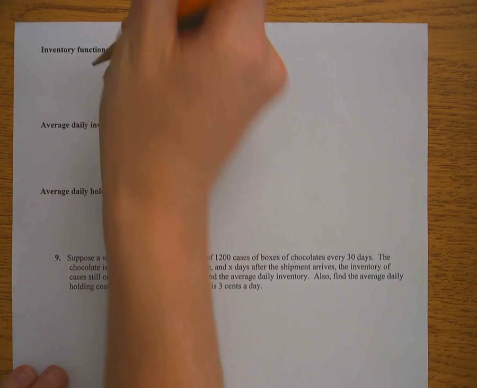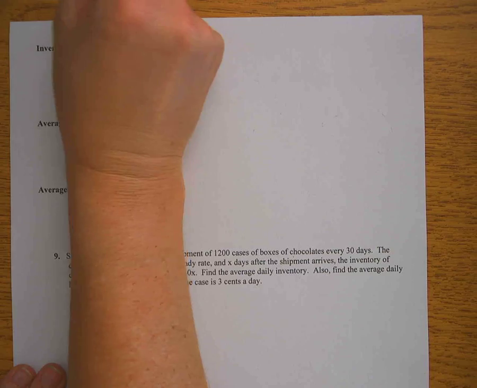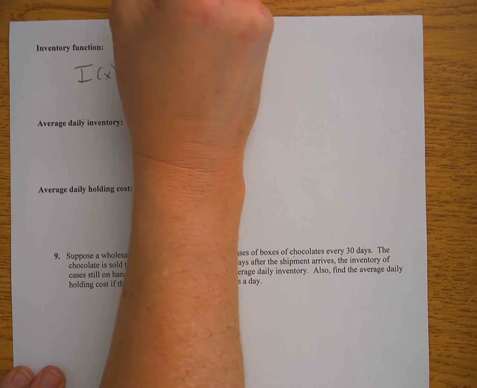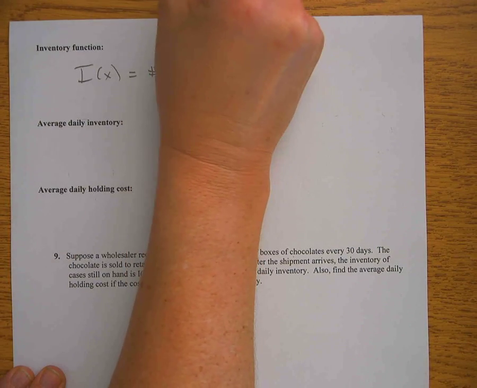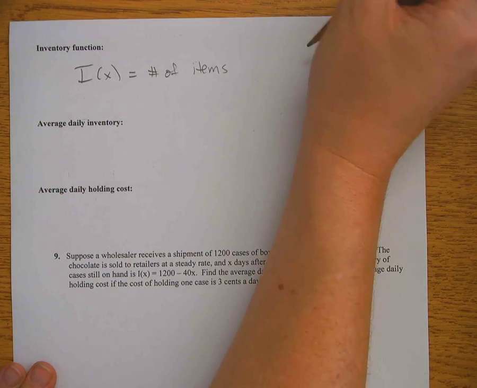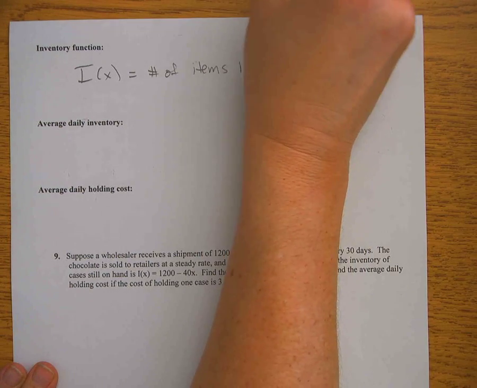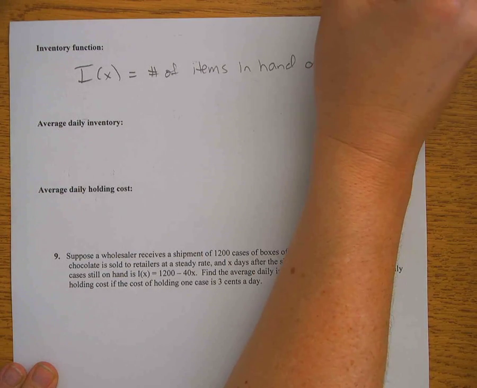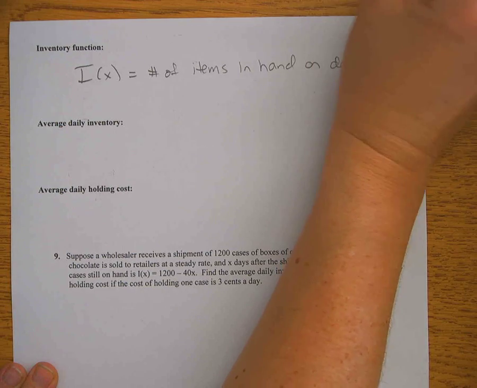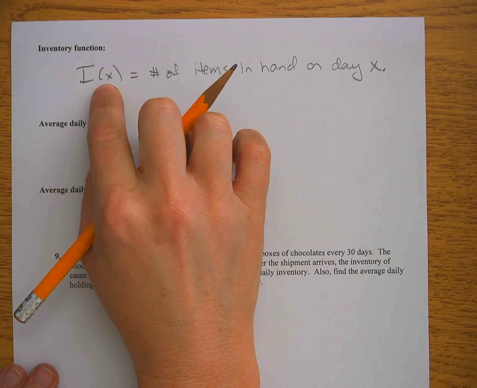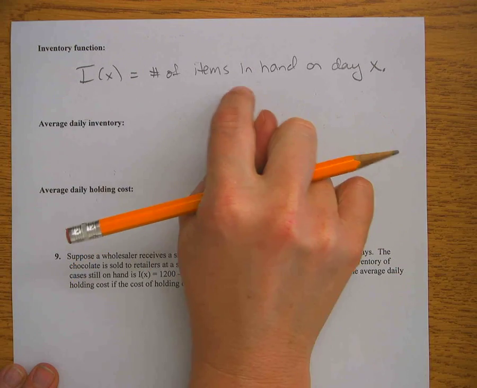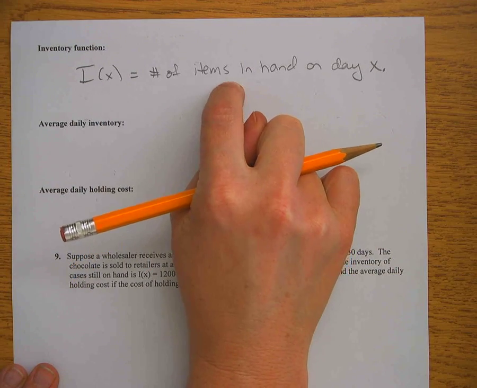For inventory, we'll call it I of x. That's going to be the number of items on hand on day x. So x refers to days, and I of x refers to the number of items on that given day.